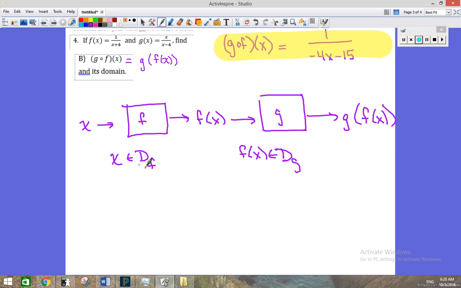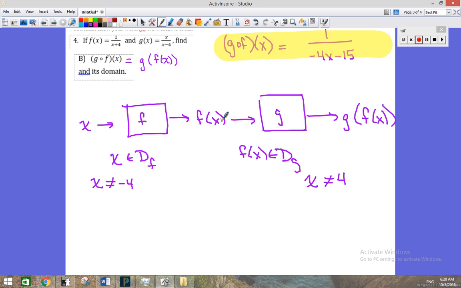Alright, so when we look at the domain of f, we can see, let's just write down x not equal to negative 4. We can change it to interval notation in a few minutes. When we write down the domain of g, x is not equal to 4. But this g never sees the x. X always goes into f.